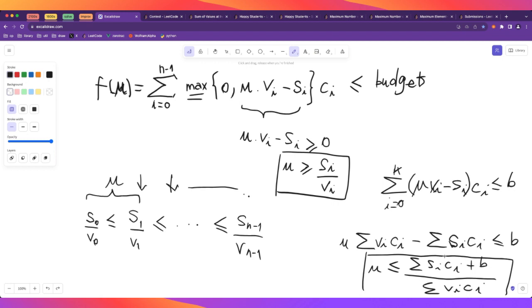So if we do this calculation, we can find the upper bound of U. But like we said before, we need to take into account all the ones that are zeros, which are going to be the ones that are greater than U. Okay, so how does this translate to code?